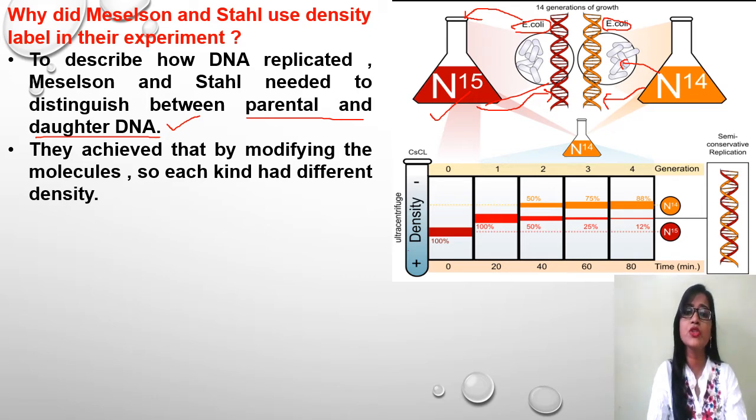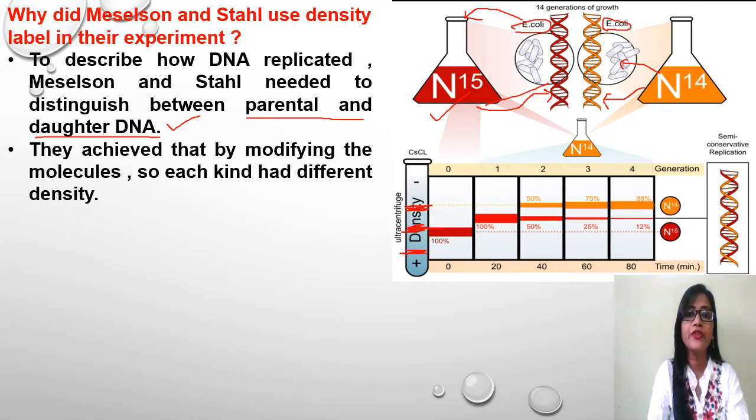On the basis of this observable result, as you can observe in this diagram, this is the density gradient technique that proved that they used different kinds of N15 and N14 isotopes and they formed different kinds of bands. They achieved that by modifying the molecules, so each kind had different density.